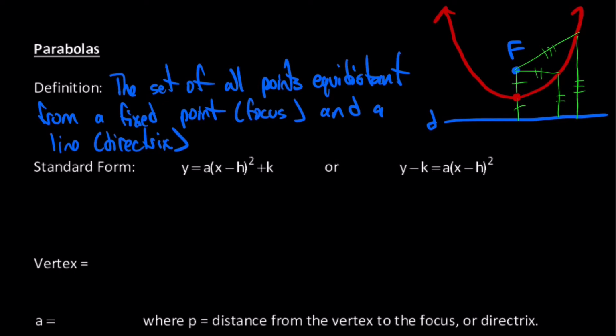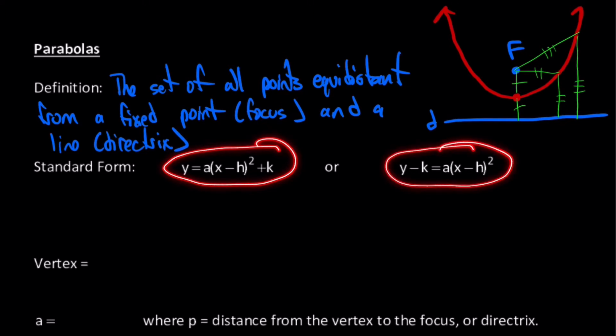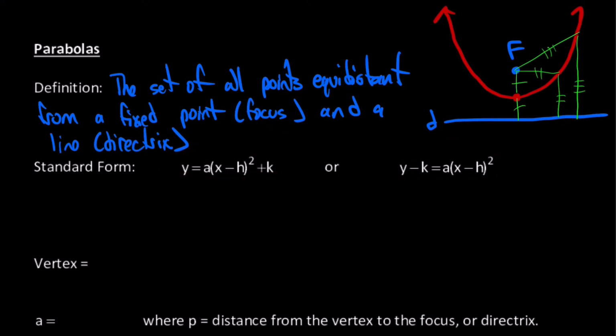So first of all, our standard form equations. There's two, but also both of these would be what we call either a happy or a sad parabola. There's another type of parabola we're going to see, and it's going to look like this: x equals a times y minus k squared plus h, or x minus h equals a times y minus k squared.